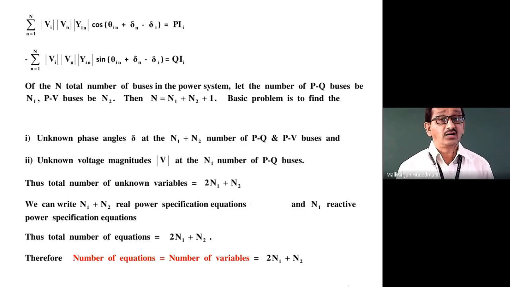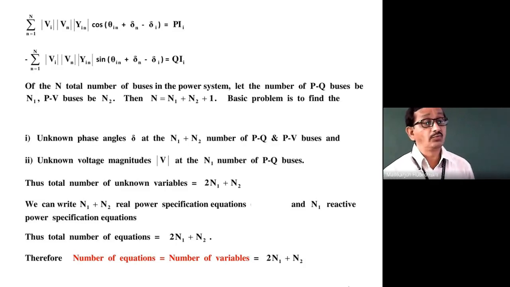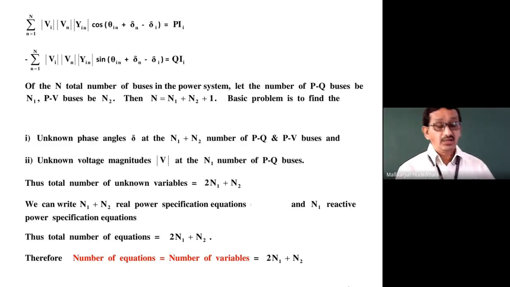Therefore, how many unknowns do you need to attempt to solve? Look into the load flow perspective. For an N bus system, let us forget the slack bus right now. There are N1 PQ buses and N2 PV buses. If I come back to the 100 as a situation, you have 50 load buses and 50 generator buses.